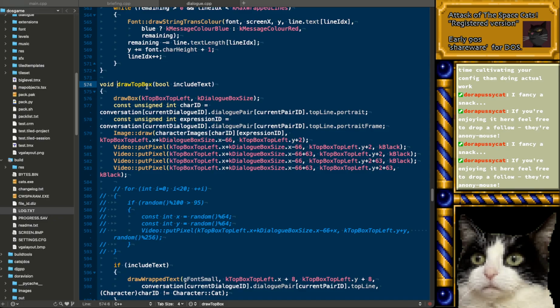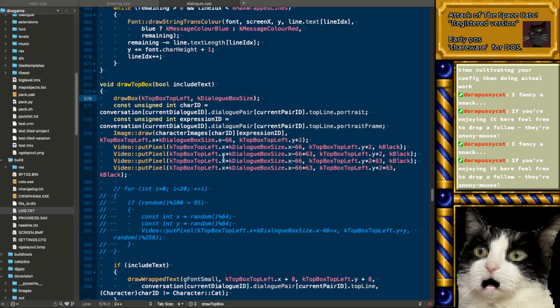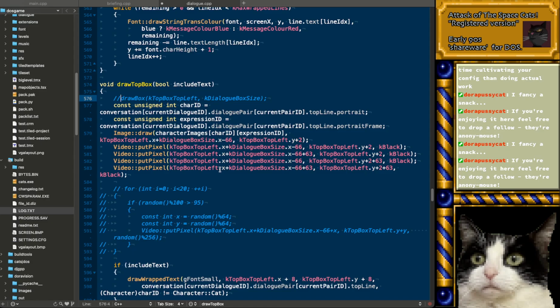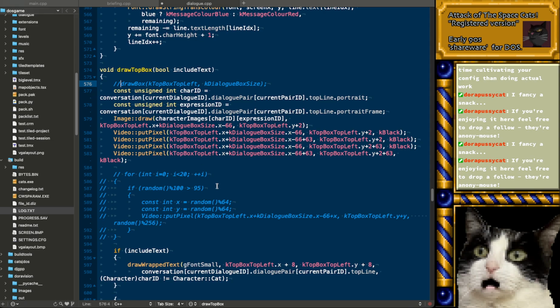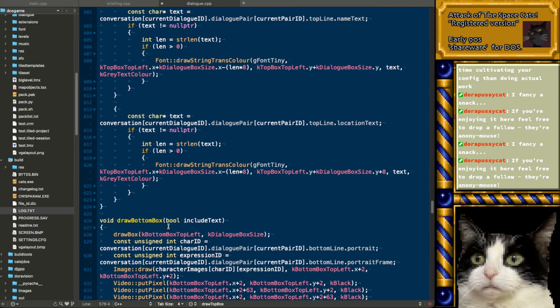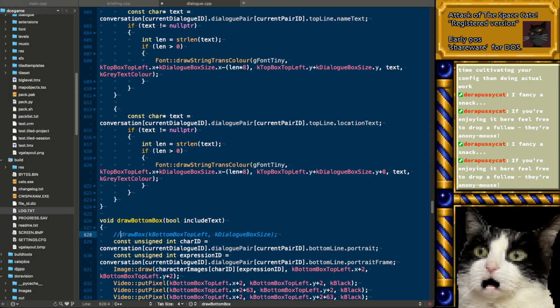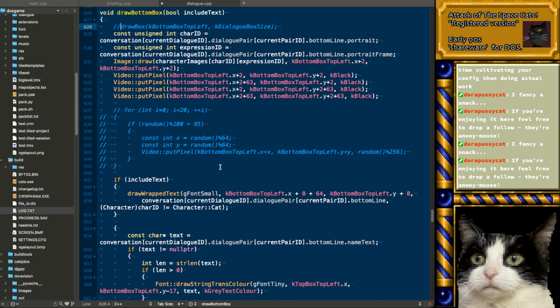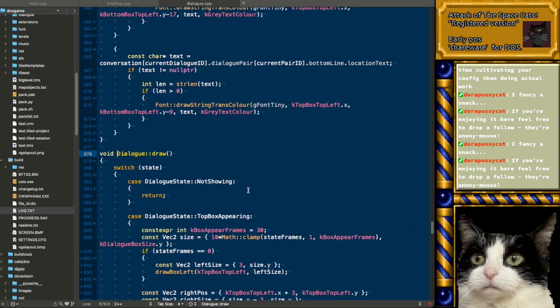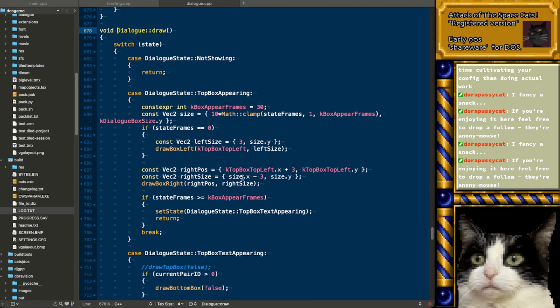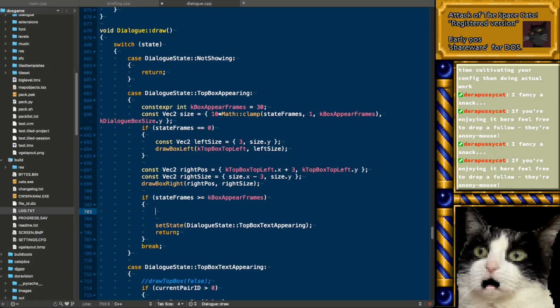So, ignoring the draw box call, I mean, it's got a terrible name. Draw top box, as long as we set that to be false. Do the same with draw bottom box. Then it's going to be the last state frame, excuse me.